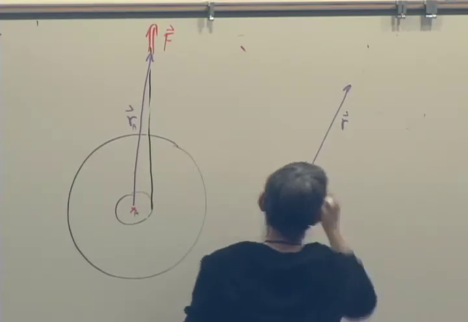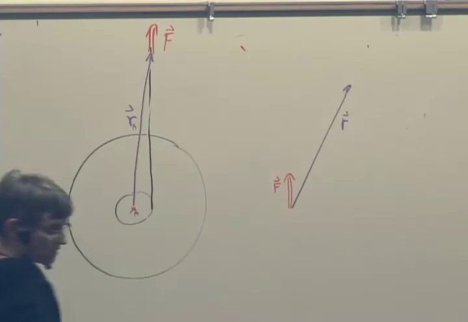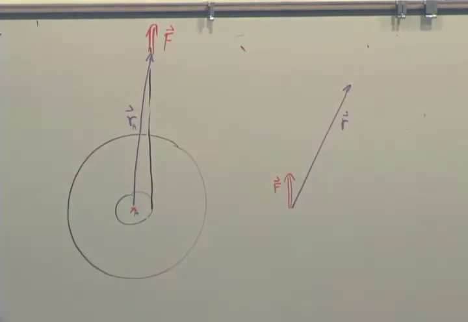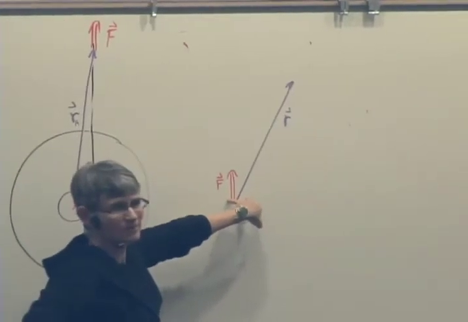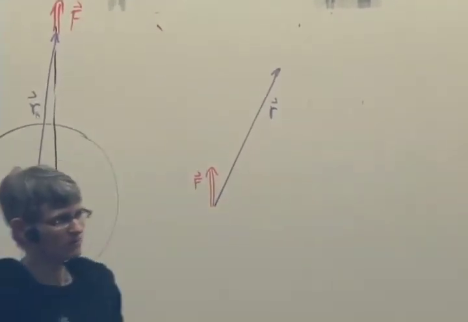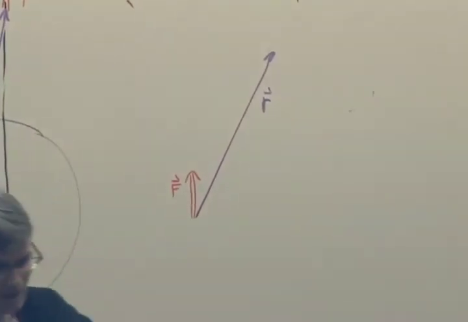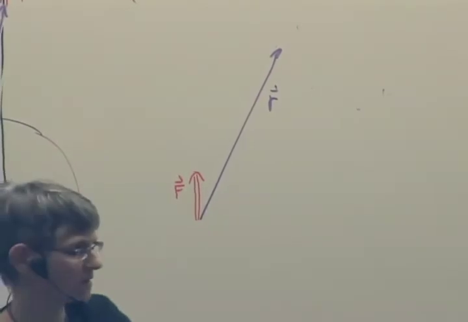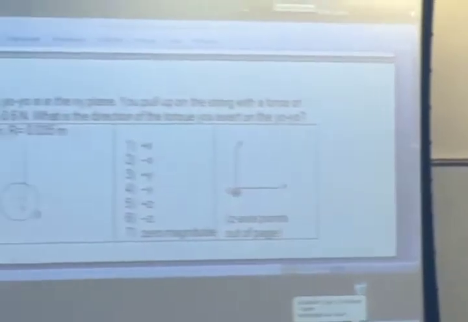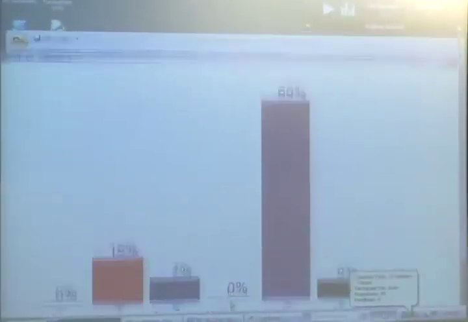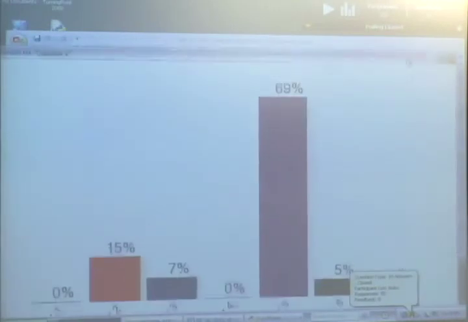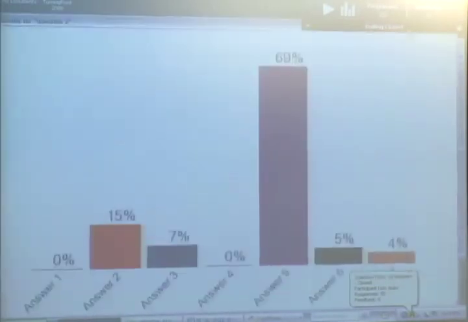So here's F. Okay, so you need to either mentally or physically do that, right, in order to, okay, so we got it? Okay, so that looks like positive Z.